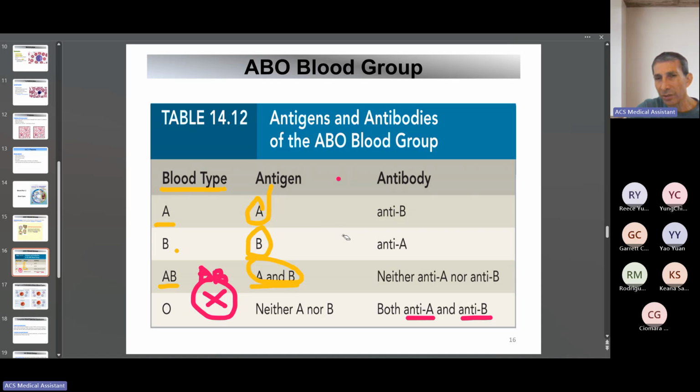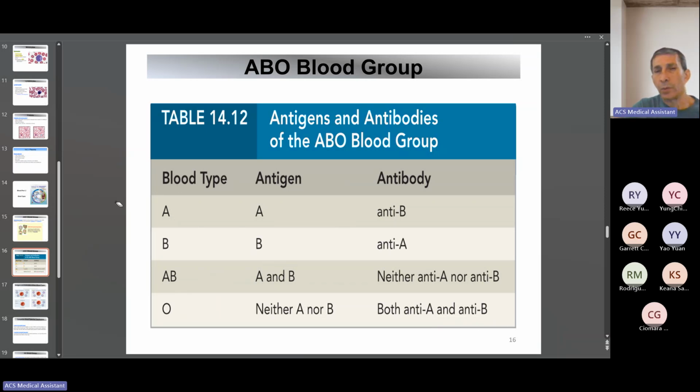Because if it doesn't match your type, you're going to die, because you are introducing something that is toxic for the body, which is blood that doesn't match my blood type. So that's how it works.